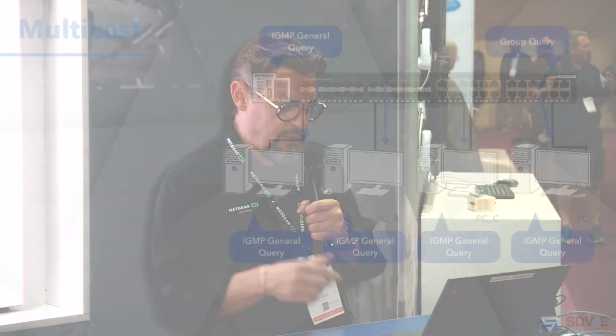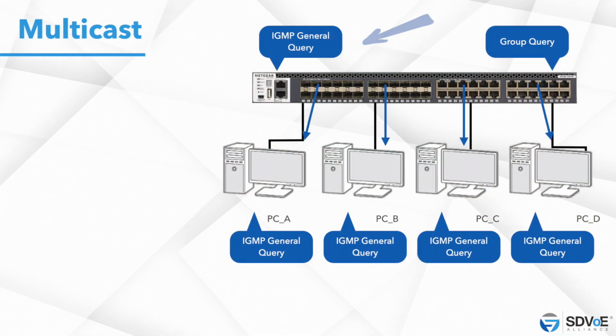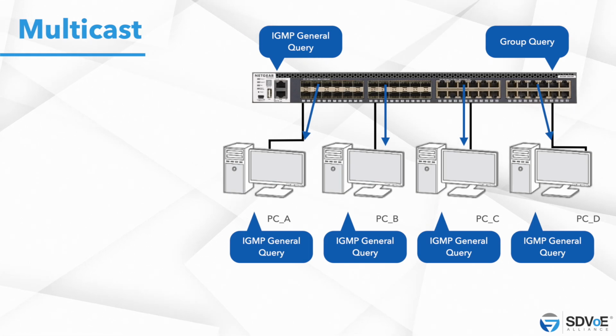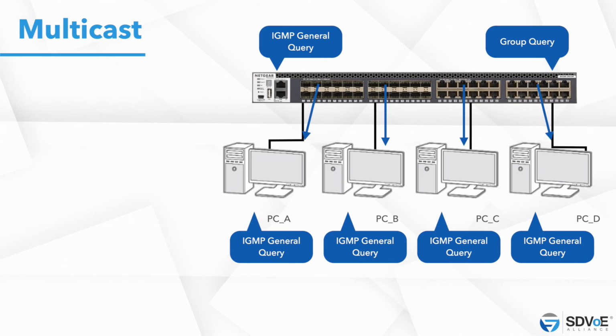So they did not subscribe to any multicast, so nothing is happening, right? When the IGMP querier, which is part of that switch as a feature, is sending a query saying, hey, what are you interested in? Well, PC A, B, and C currently say nothing. They send empty reports. They are not subscribing.